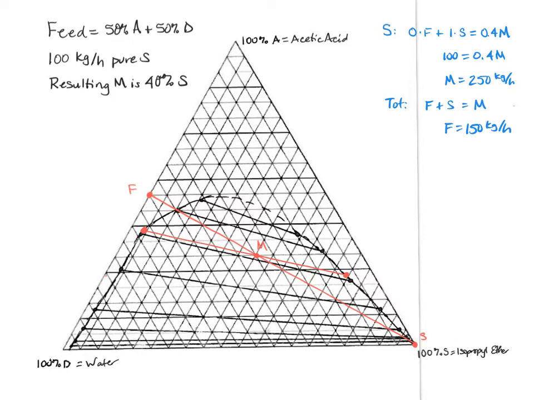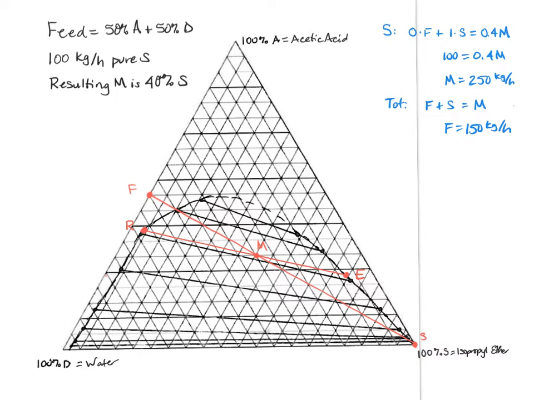The material that's coming out that is most like the feed is going to be the raffinate, and it is on the left side of the graph. And the material coming out that is most like the solvent is the extract, and it'll be on the right side of the graph. So we have these 2 points shown here.